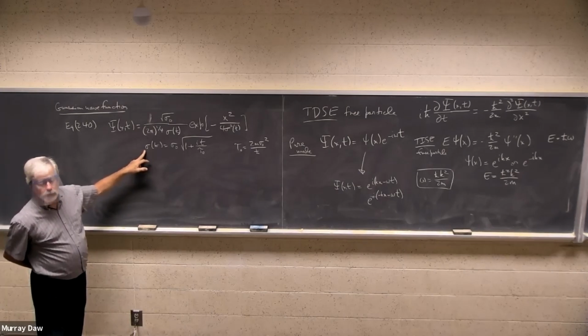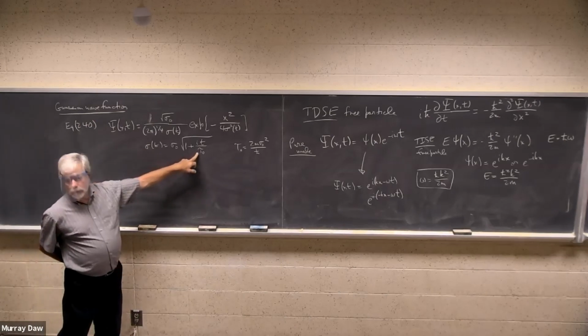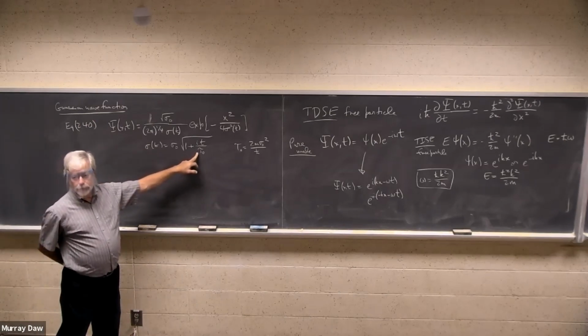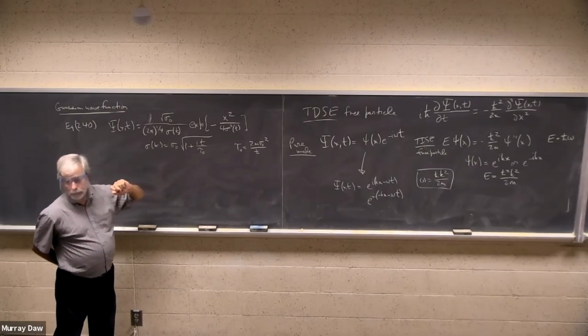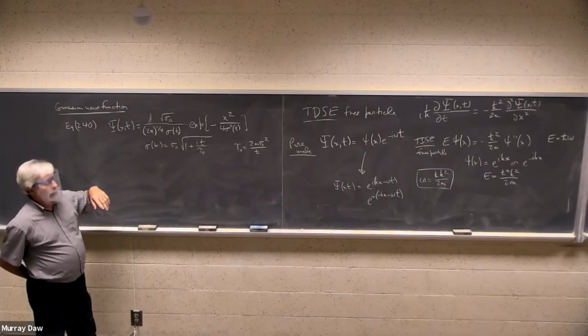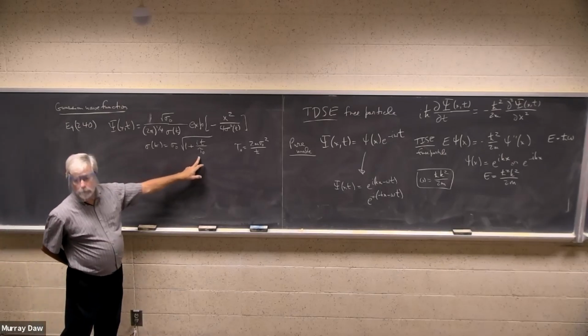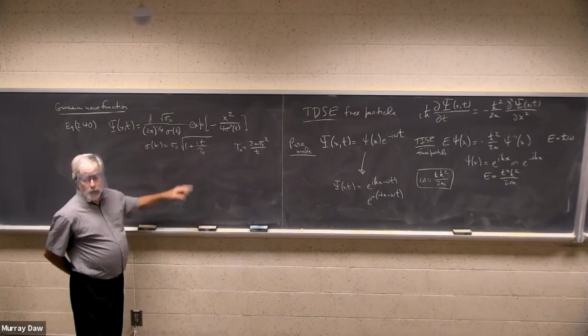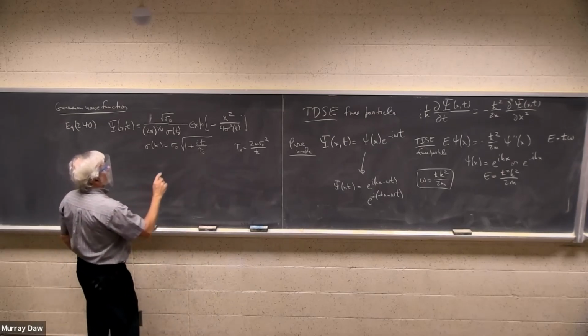Yes. What's that symbol in the root? Tau. It's the Greek letter tau with a subscript 0. You'll see the significance of it here in just a second. It's a time scale. It has dimensions of time. Okay, so let's study this dimensionally.